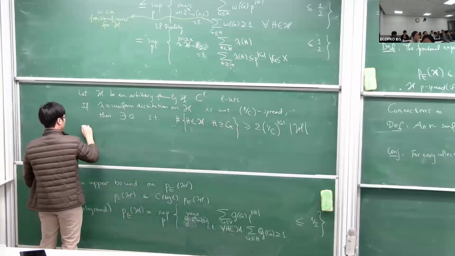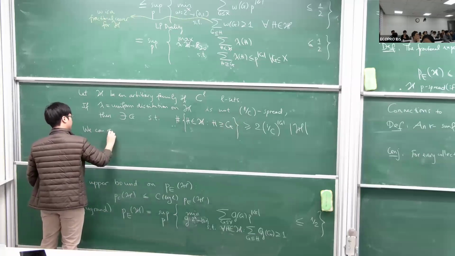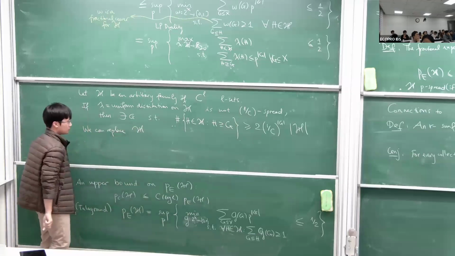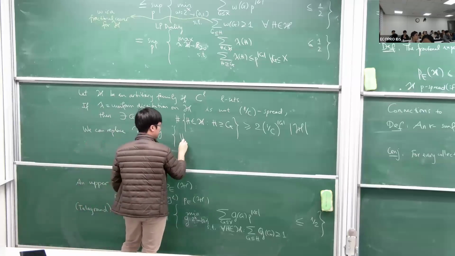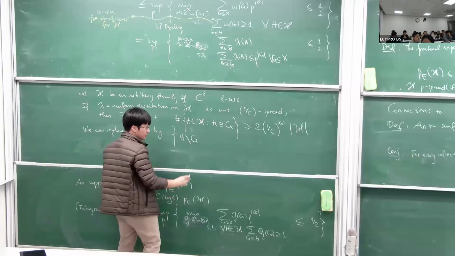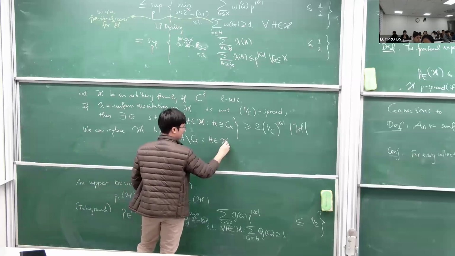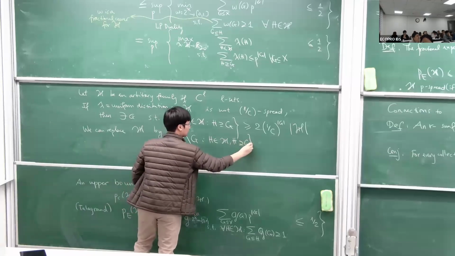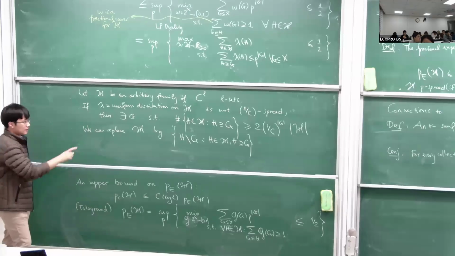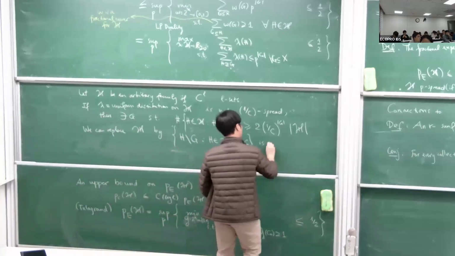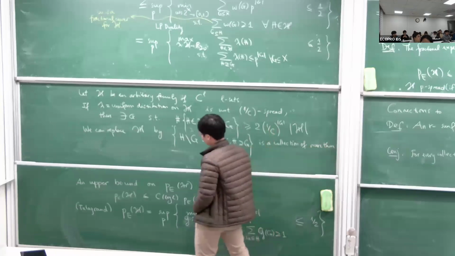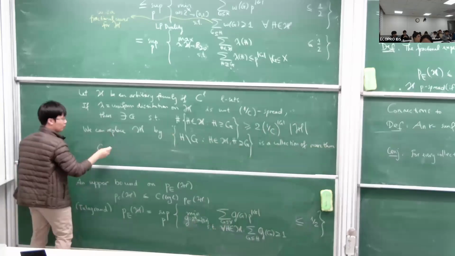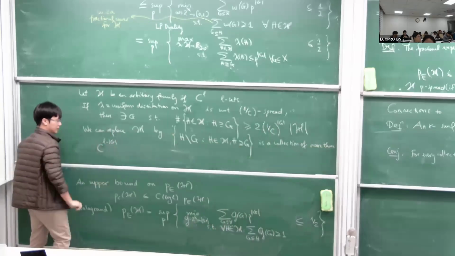So in particular, we can now replace the family H by this family of sets. We consider all of the sets of the form H minus G, where H was from our original family and it contains G. Now this is going to be a collection of, well, even more than C to the l minus |G| sets.